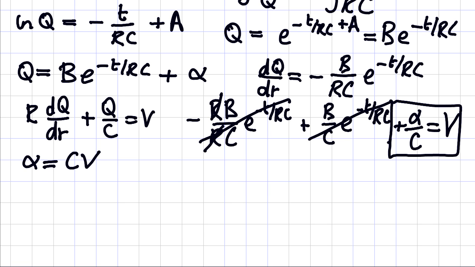which means our general solution to the inhomogeneous equation is Q equals B e to the minus t over RC plus alpha, which is CV.